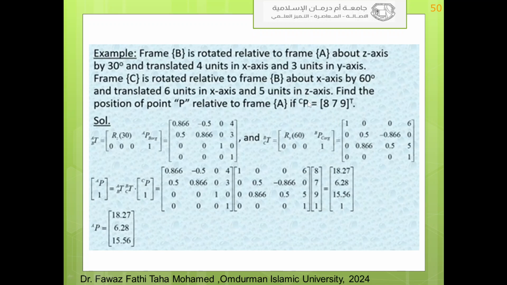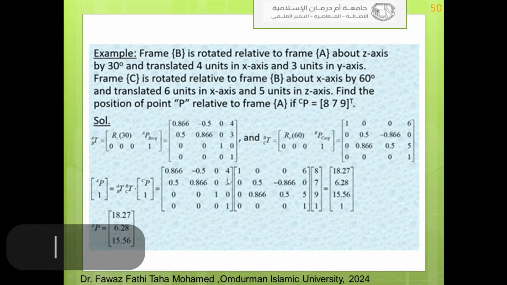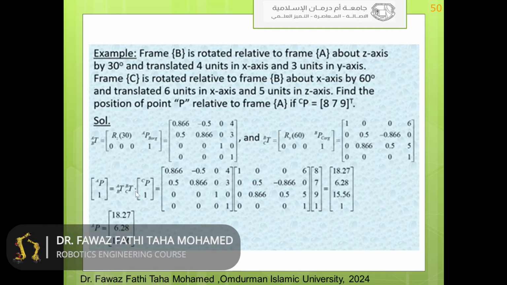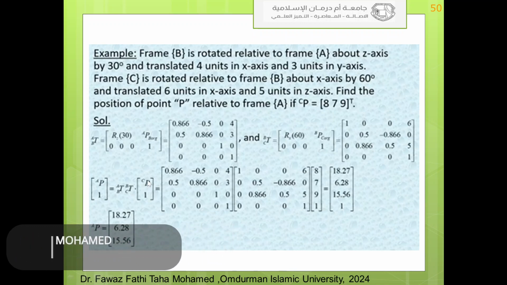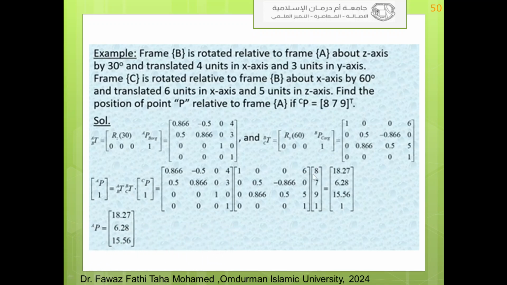We have to relate this vector with respect to A. So I have to multiply these two homogeneous transformations and then multiply the result of this multiplication with the PC, the PC homogeneous vector, to find PA.